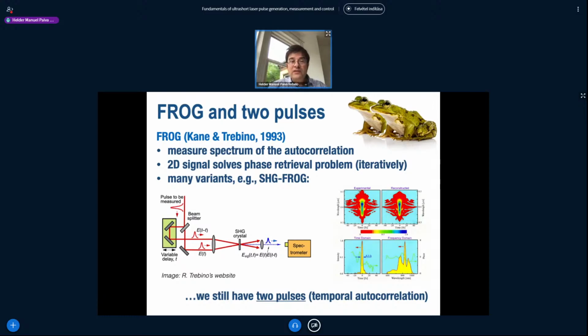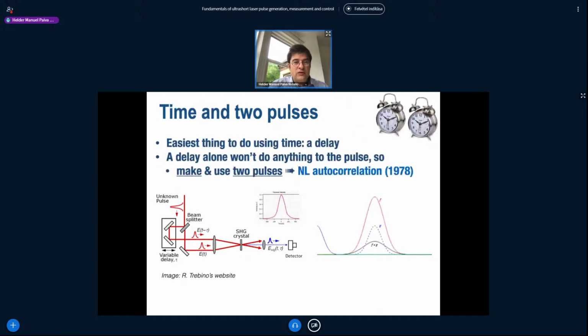So you make a measurement, which is the spectrum of an autocorrelation, and then you numerically retrieve the spectral phase. Now, one thing that I point out here is that we're still using 2 pulses, because FROG is, if you look at the previous slide, an autocorrelator, splitting the pulse in two parts and mixing the two replicas.